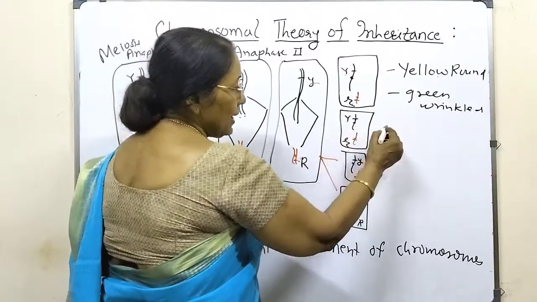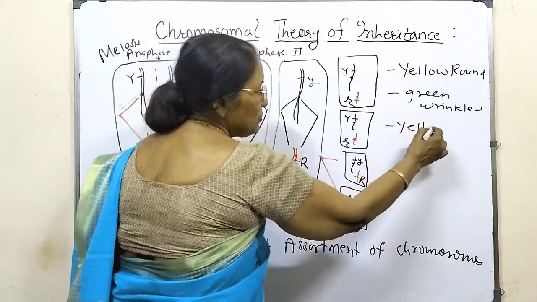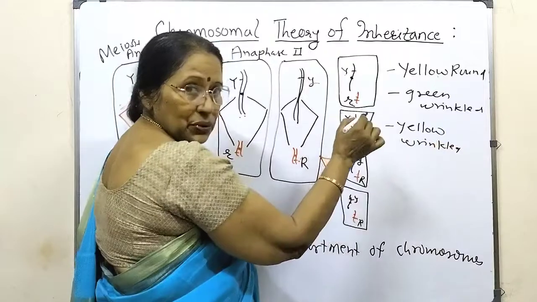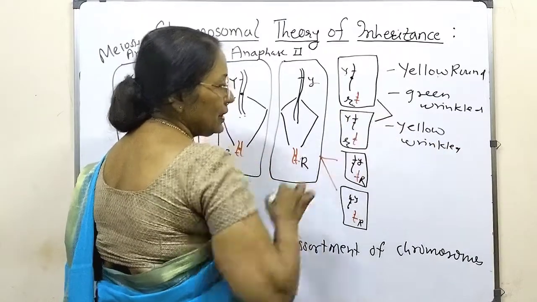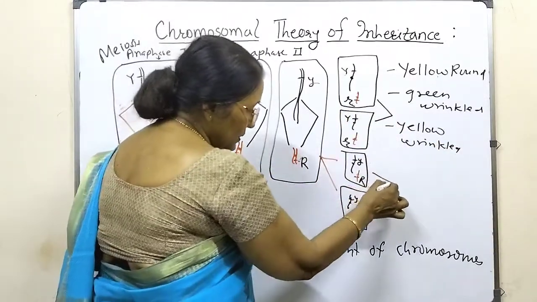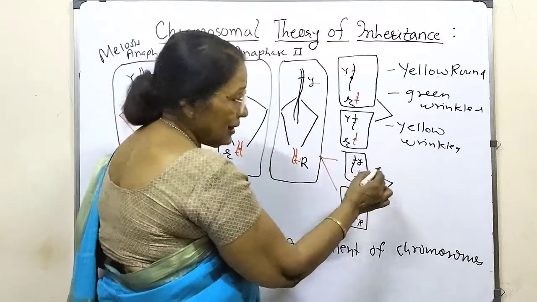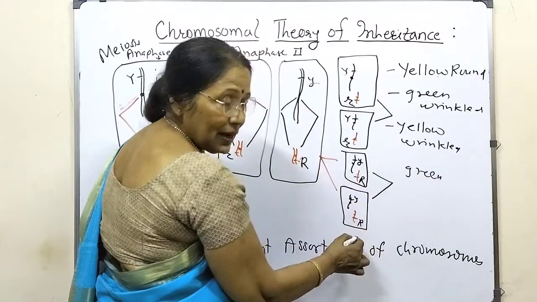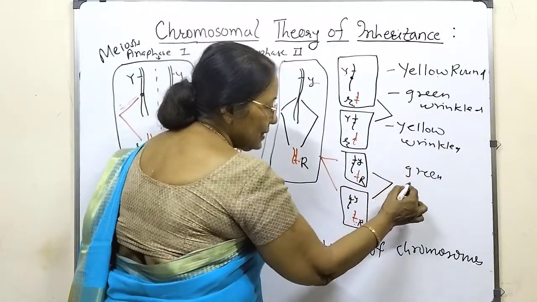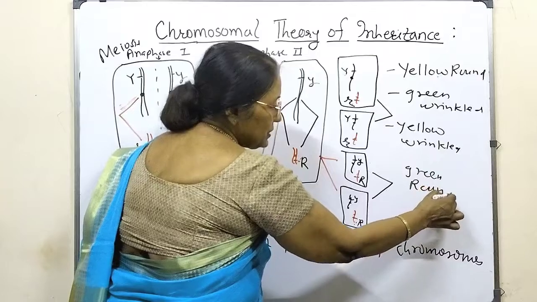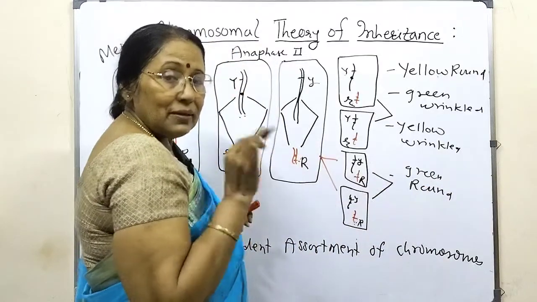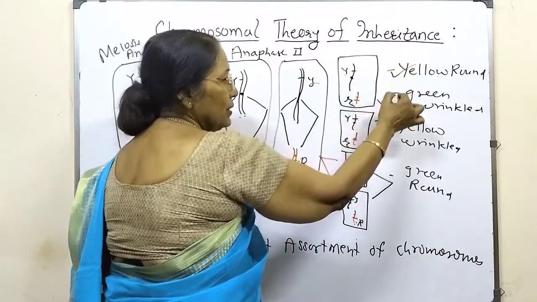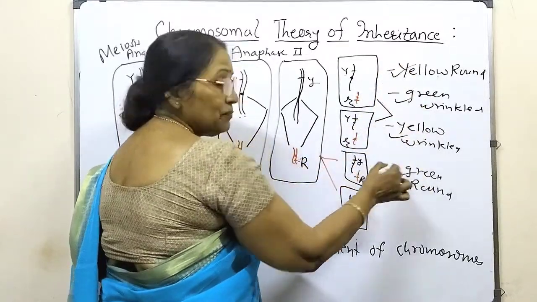This is capital Y, means yellow, and small r, that is wrinkled. So these 2 are yellow wrinkled now. And what about these 2? This is small y, which is green, and capital R in both, that is round. So you see the independent assortment of the chromosomes, forming 4 types, 1, 2, 3 and 4.